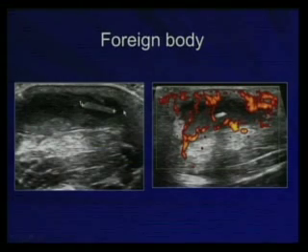You can check for foreign bodies too that may present as a palpable mass. In this case, you have a wooden foreign body, and you have this granuloma that is common to see around the foreign body. With Doppler, these granulomas may show hyperemia.